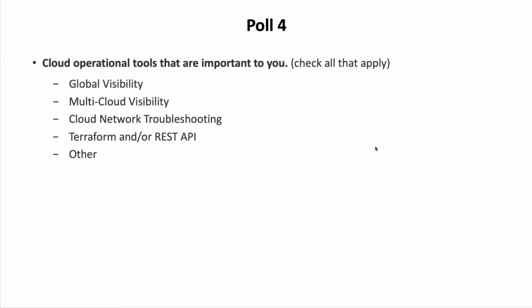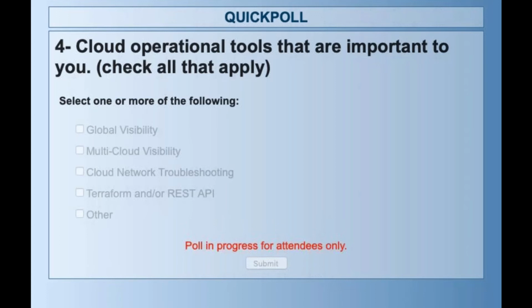So, poll number 4. Let's look at your cloud operational tools and see what's important to you there. Is it global visibility? Is it multi-cloud visibility? And now going back to you guys, about 50% of you said you were multi-cloud. Obviously, this is just if you're multi-cloud, is the visibility there important?